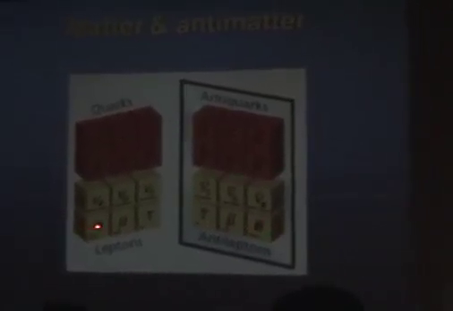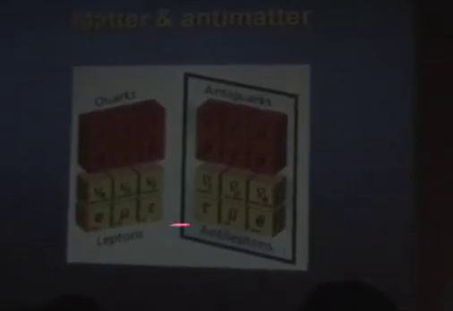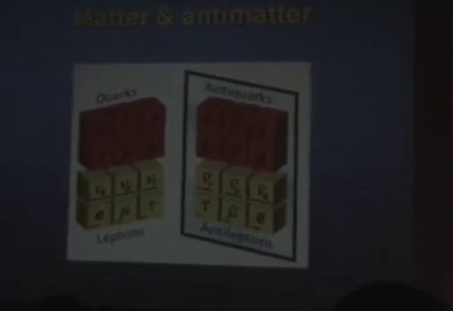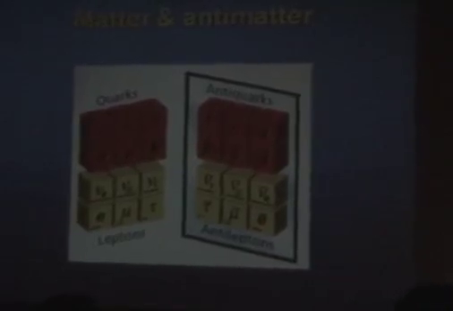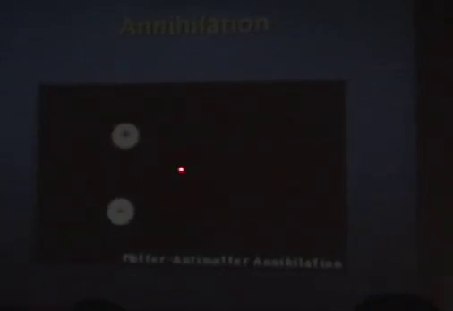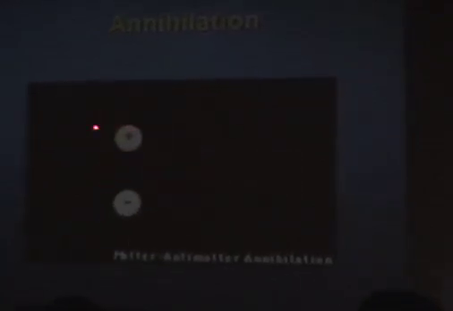And when you put together an electron and an anti-electron, what happens is they annihilate, as we see represented in the next transparency. The next transparency, I said. There we are. So you have this recipe in which, if you put together a positron and an electron, they annihilate and produce light.